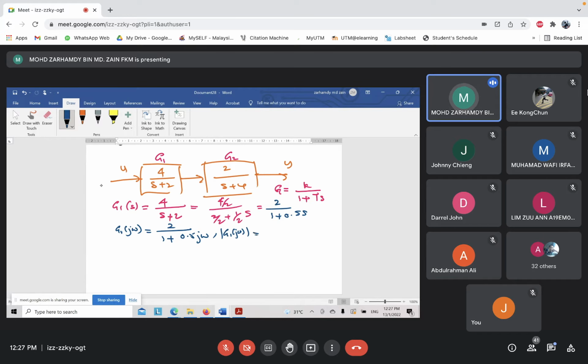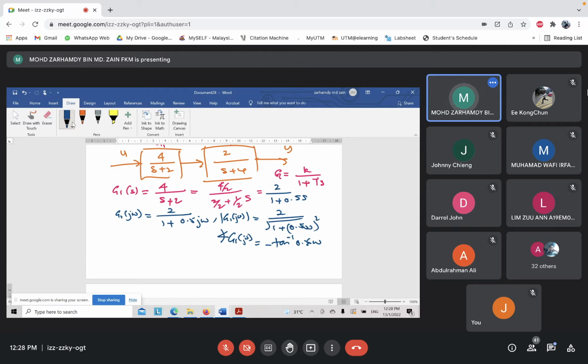Our gain is 2 over the square root of 1 plus (0.5 omega) squared. The phase of G1 is negative because it is a first order lag, so we have negative tangent inverse of 0.5 omega. Okay, so that is finished for G1.